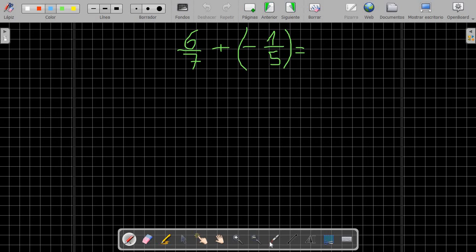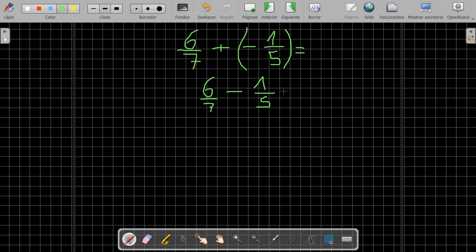As you can see, there is an addition of a positive and a negative number. And here we have different signs separated by a parenthesis. What will happen in those opportunities? It's very easy. We have to multiply both signs, and positive multiplied by negative is negative. So the addition became a subtraction.